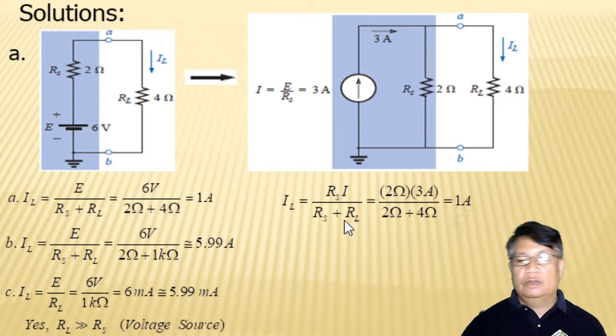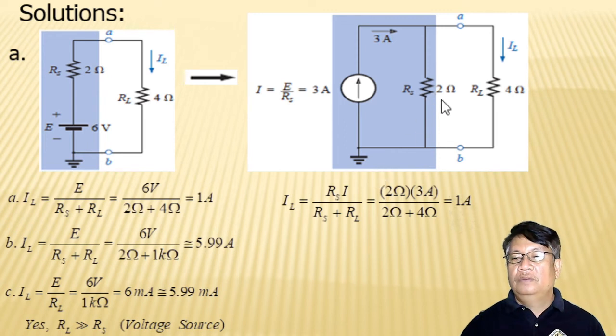Then by using this equivalent current source circuit, from the formula, R sub S, the internal resistance of 2 ohms, times the source current, divided by the sum of R sub S and R sub L. So we have 2 ohms times 3 amperes divided by 2 ohms plus 4 ohms.